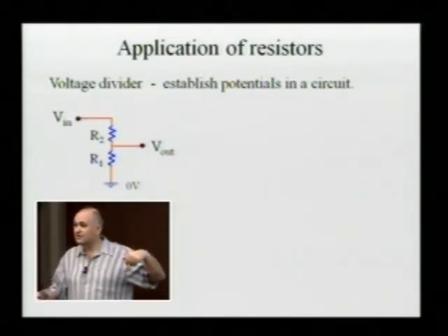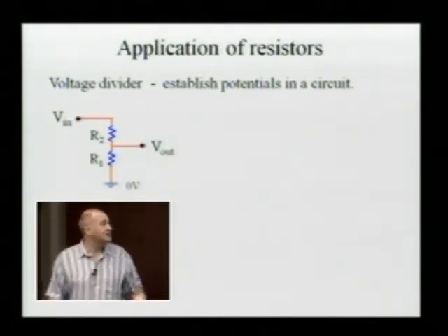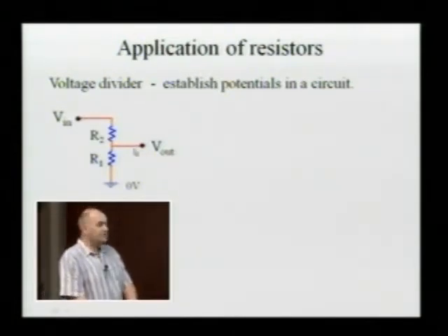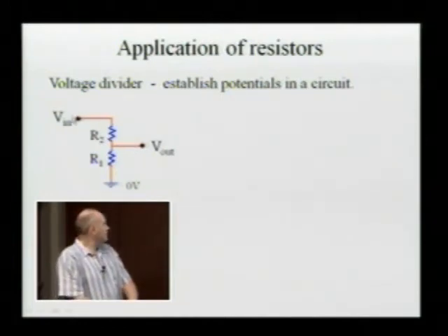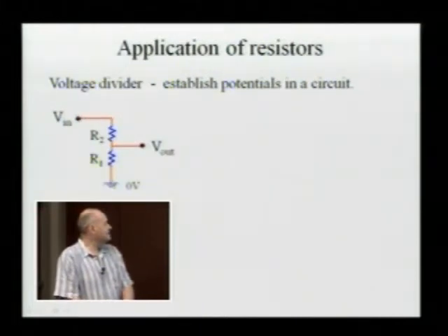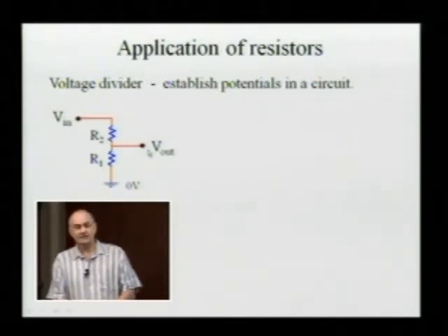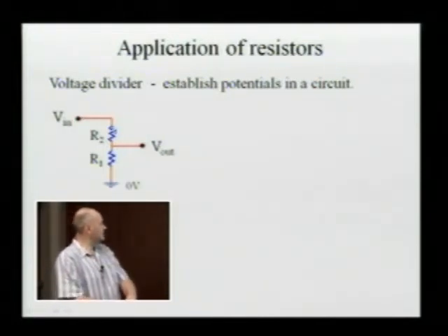Correct. Now how to get half a volt from that? Using a voltage divider. So I connect 9 volts over here. This is plus of the battery, this is minus of the battery, and here I can have half a volt. Let's see why it works.